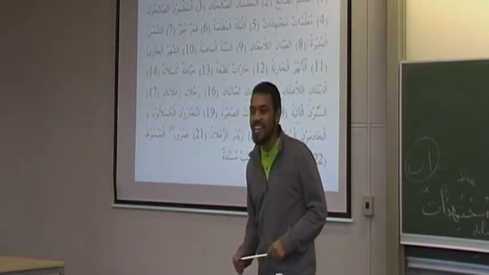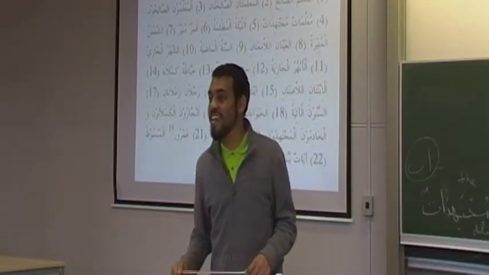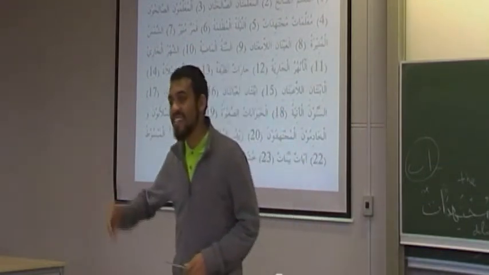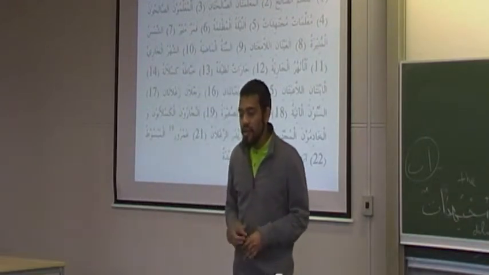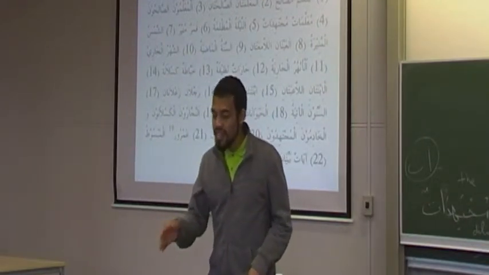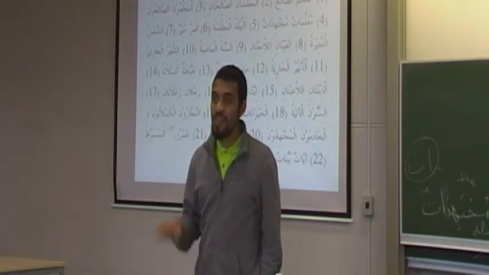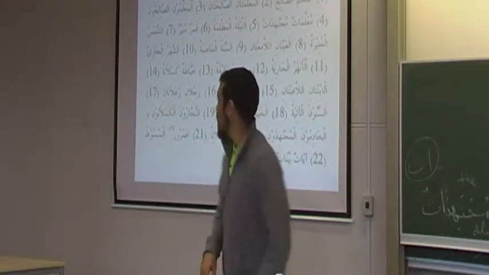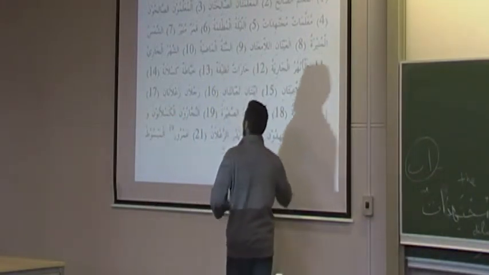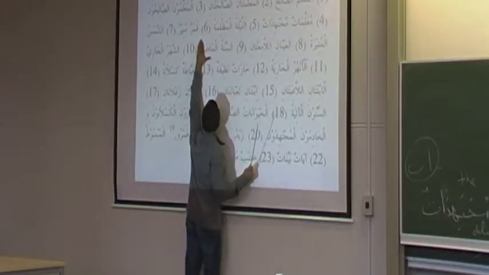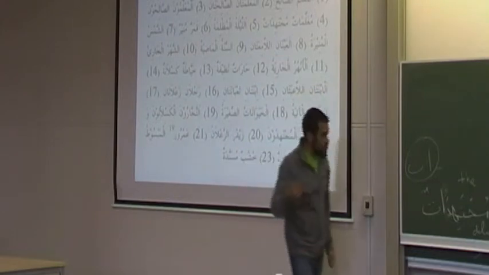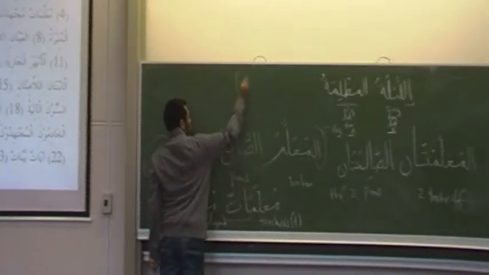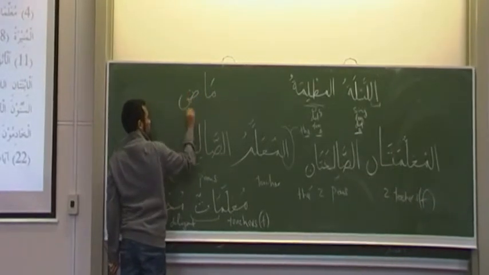Okay, the next one. As-sanatu. Sanatun is a year. As-sana is the year. Now, again, we're not saying the year is in the past. We're saying the past year. Al-Madiya, Al-Madi. So Madin is past, right?